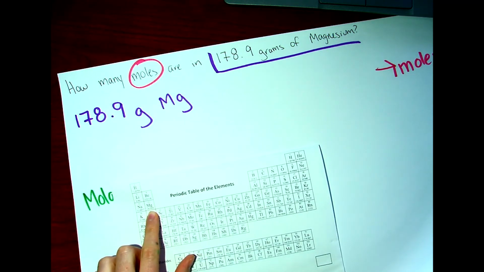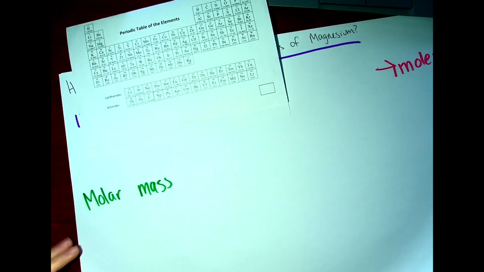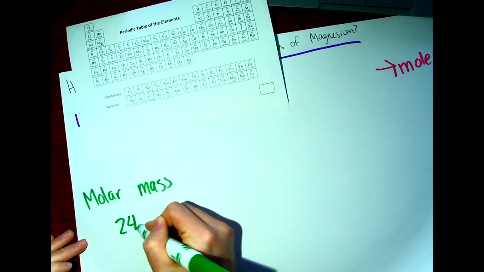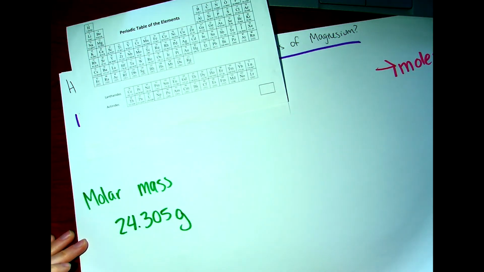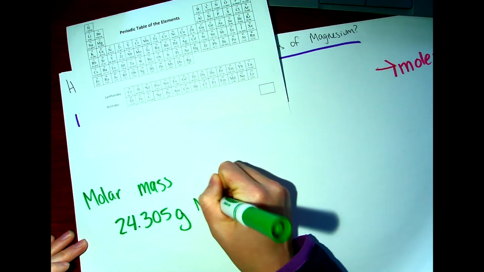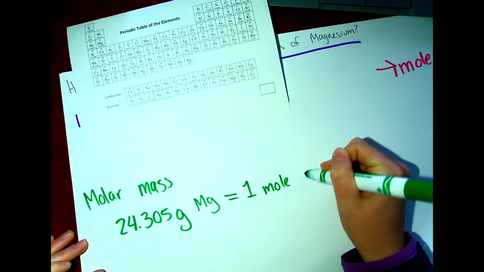Magnesium's over here. It says it's got an atomic mass of 24.3050, which should be its molar mass. So we'll write that number down, 24.305. And now we put it in grams, and we know that that equals then 1 mole of magnesium.